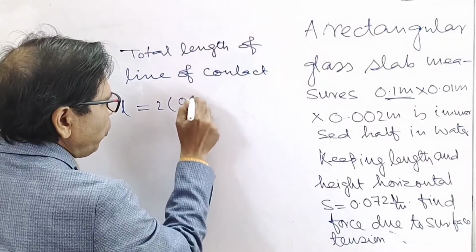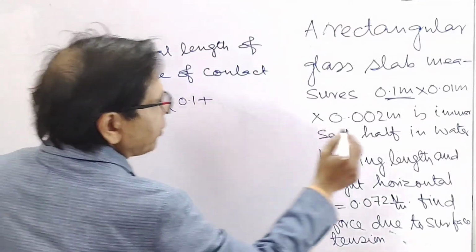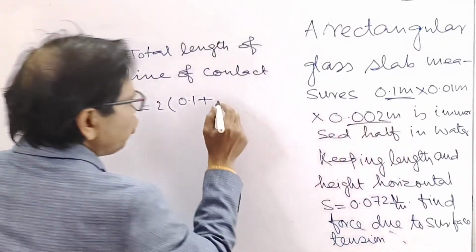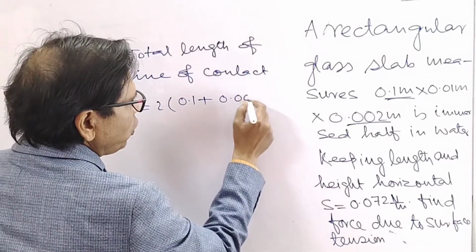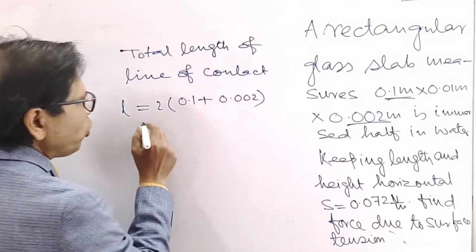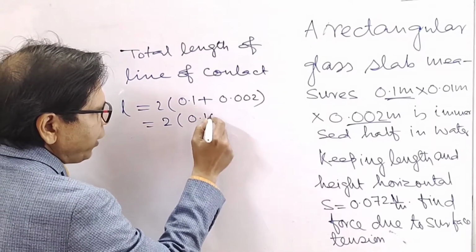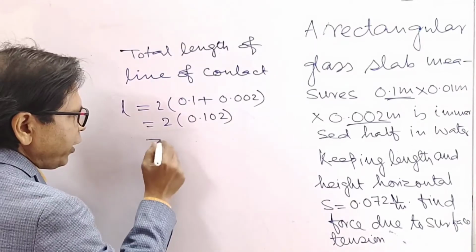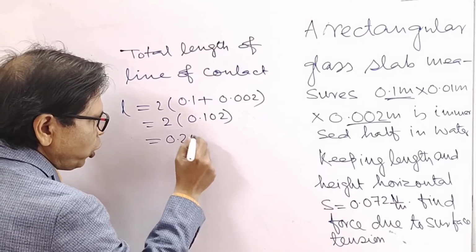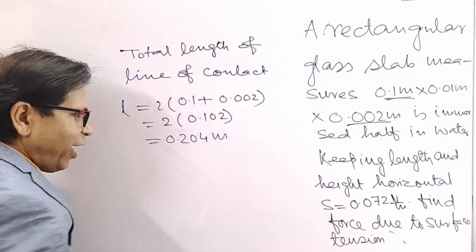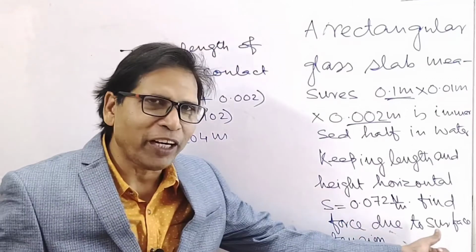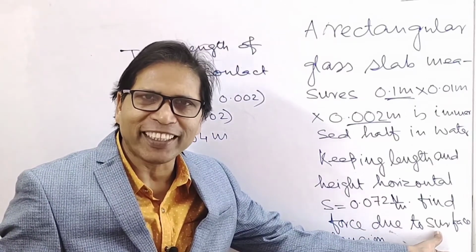So this is 2 into 0.102, which equals 0.204 meter.